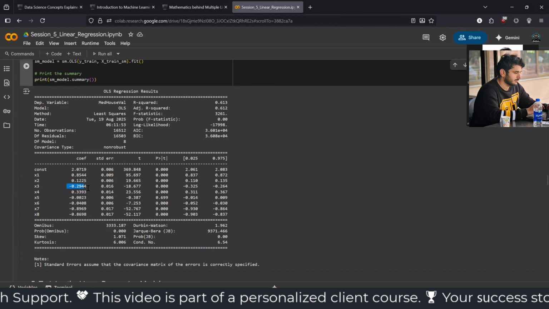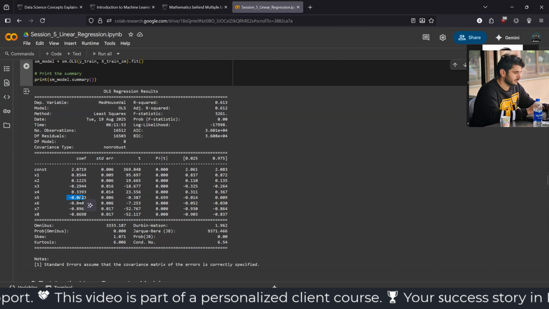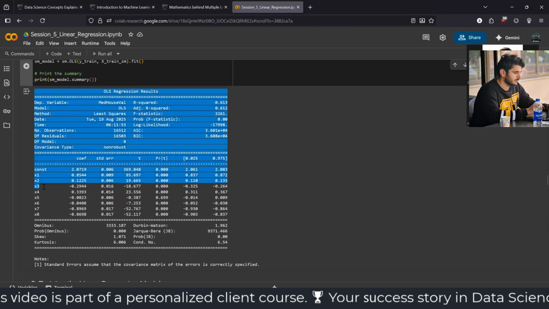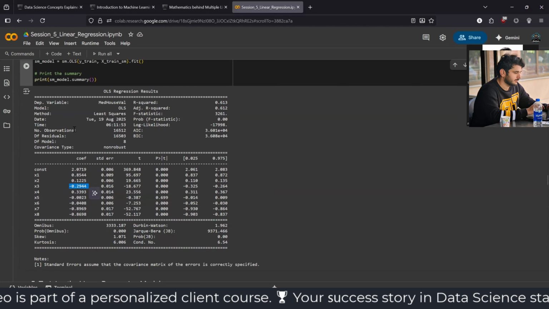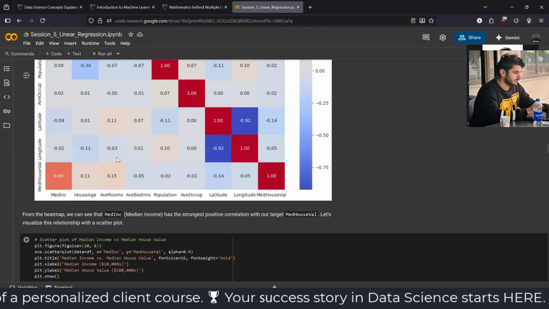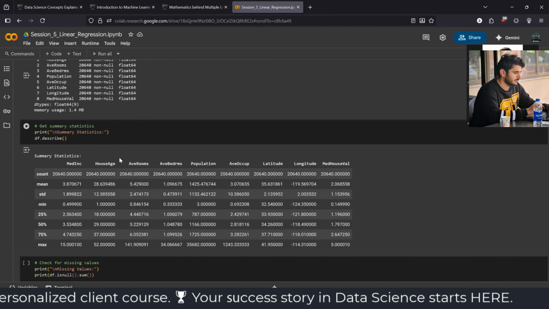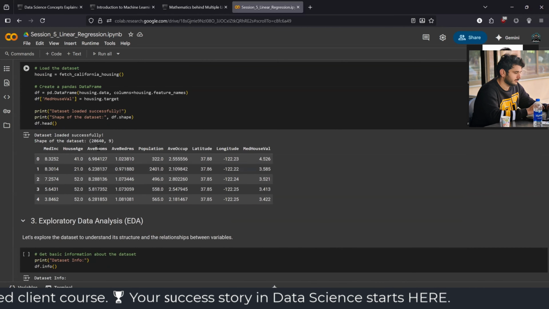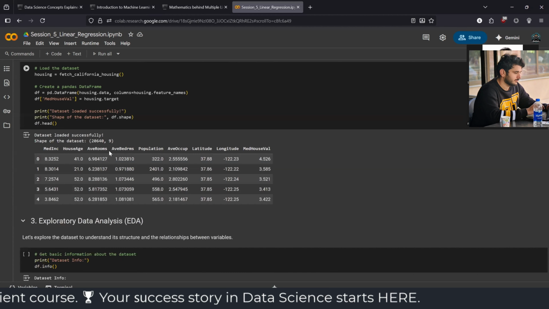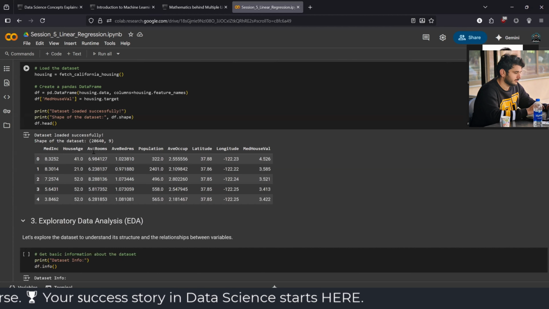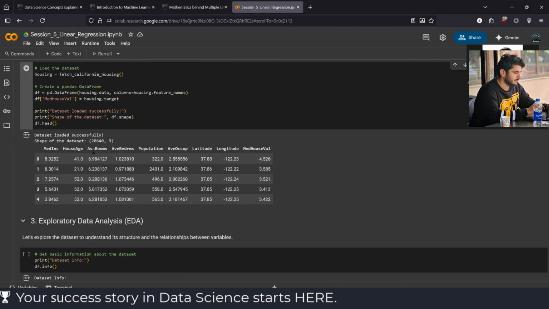Now, there we also have negatives. Negative basically means an increase in this independent variable causes a negative influence on our dependent variable. Like, for example, if in our data set we are talking about x3, now this is x1, x2, x3, average rooms, right? So if average rooms have a negative influence, for example, what does it mean?